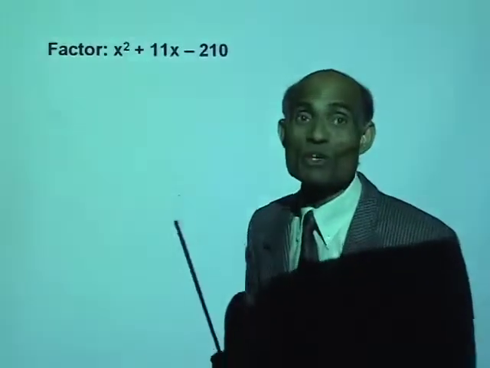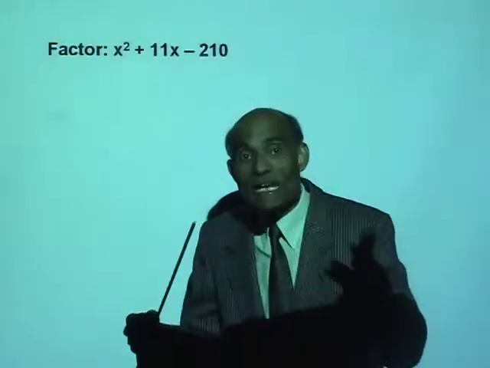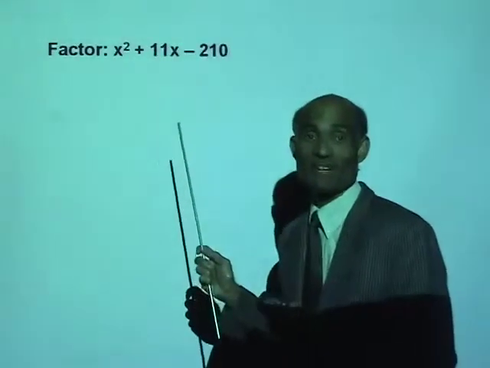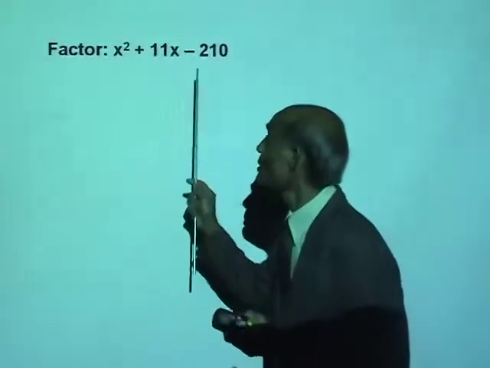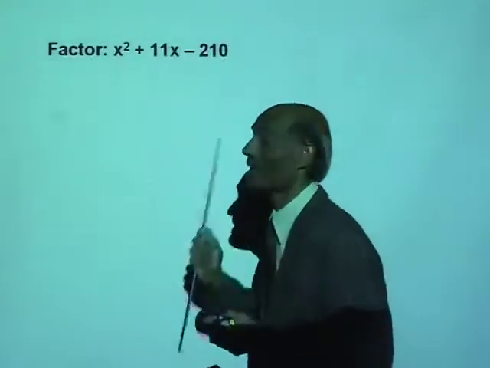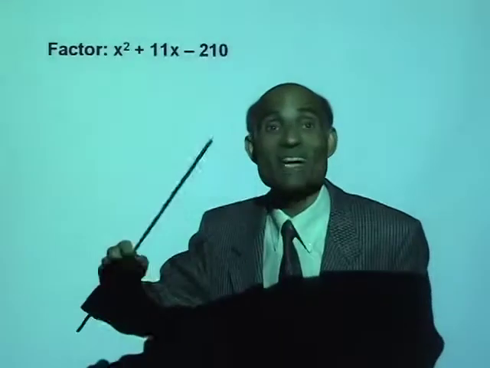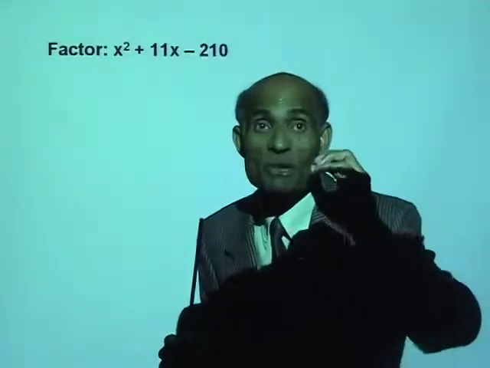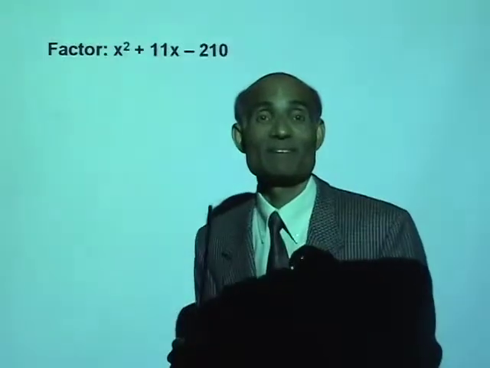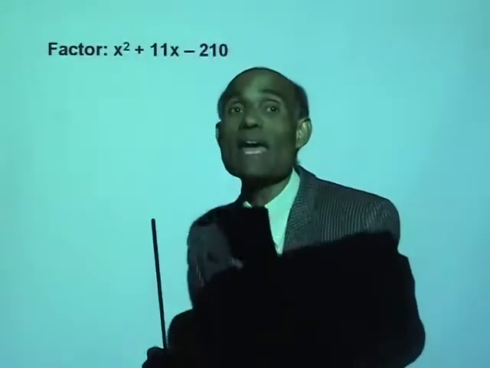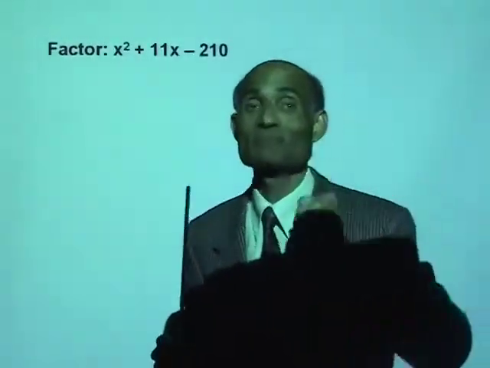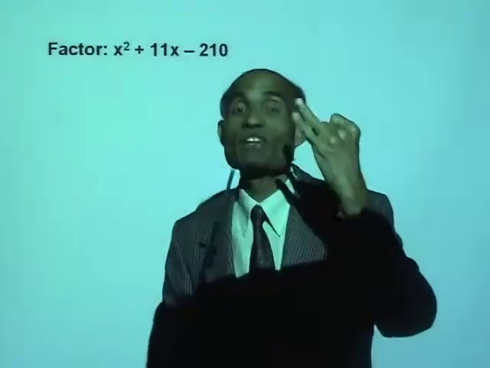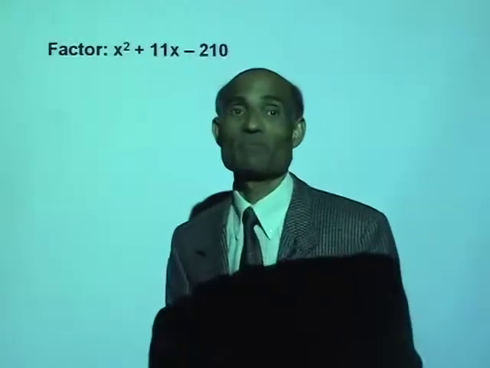Alright? Once you are familiar with numbers, you can actually see it right there. Can I just show that to you? Look at this. 210 is 21 times 10. See, look at the two factors I picked, 21 and 10. 21 times 10 is 210. Now, that means one of them must be positive, the other must be negative.